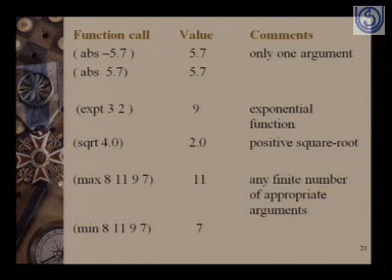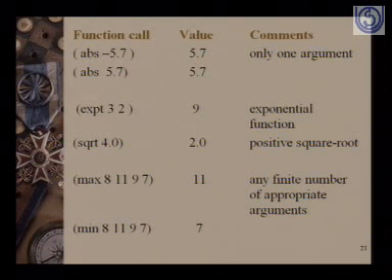For example, max 8, 11, 9, 7. This max tells the computer system to compare the numbers in the given expression one by one in pairs, find the maximum of those and return that as the value.